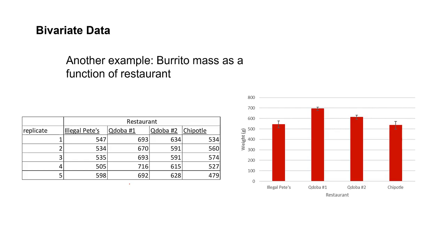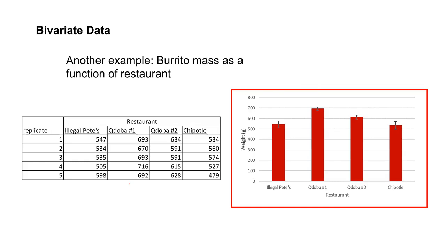However, if we were to correlate this to the restaurant, so we have Illegal Pete's, that's a restaurant here in Boulder, Qdoba 1, 2, and Chipotle, and we perform 5 replicates there, we can put together a bar plot here where we've got on the x-axis the categories. In the next screencast, I'll talk about categorical versus numerical data.